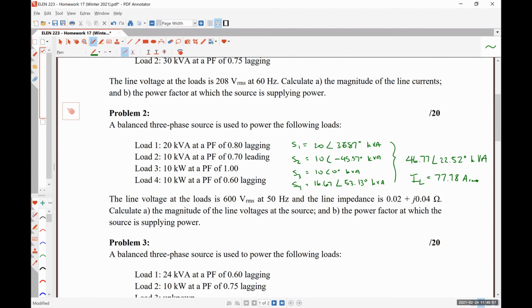So the complex losses in my transmission line are going to be 3, because there are 3 wires, times the magnitude of my line current squared times the impedance of my transmission line itself, 0.02 plus j0.04.